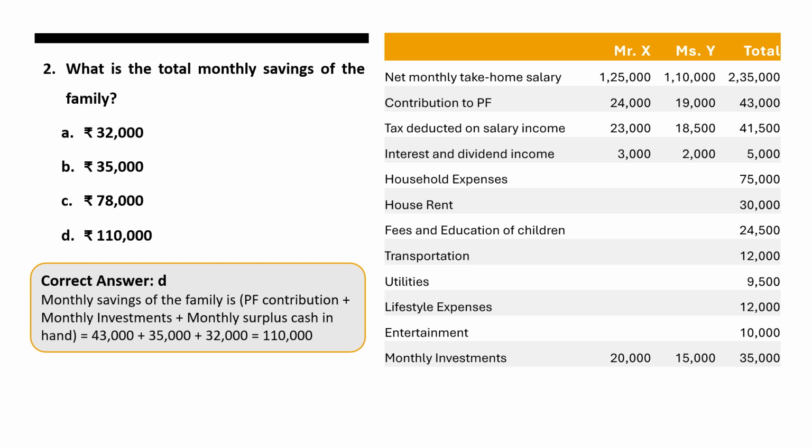Which is 35,000. And to this we also have to add the surplus cash what we calculated in the previous question, right? Because that is the surplus cash which is available, that can be invested, that is also a saving, you know. So therefore we get the answer as 1,10,000.